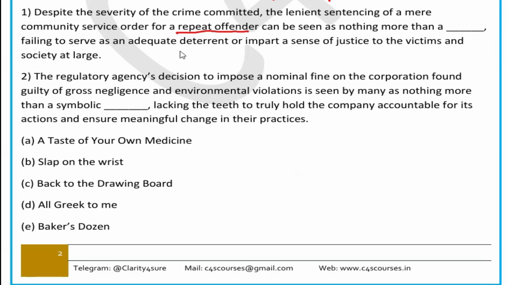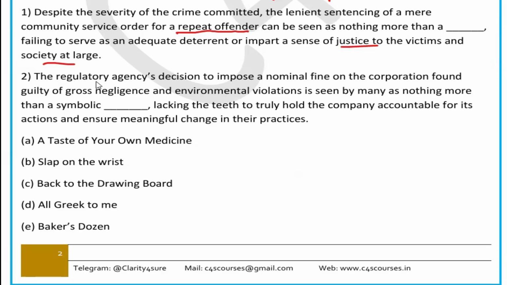So it doesn't stop him, nor does it impart a sense of justice to the society or the victims at large, because he is repeating the mistake, the crime he is committing. So giving him again a sentence or punishment holds no value at all. It imparts nothing as a sense of justice either to the society or the victim at large.